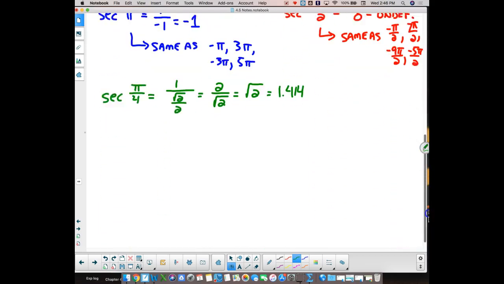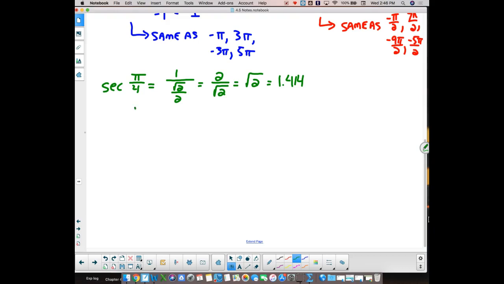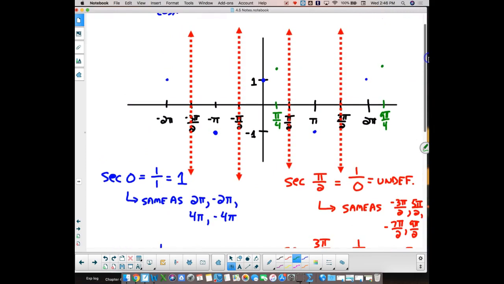Okay. So what else was it the same as? Negative 7 pi over 4. Which is right there.